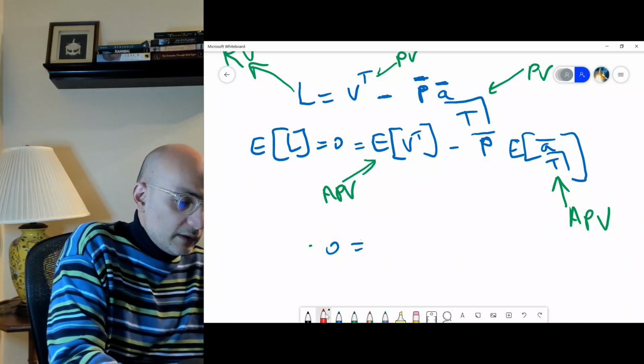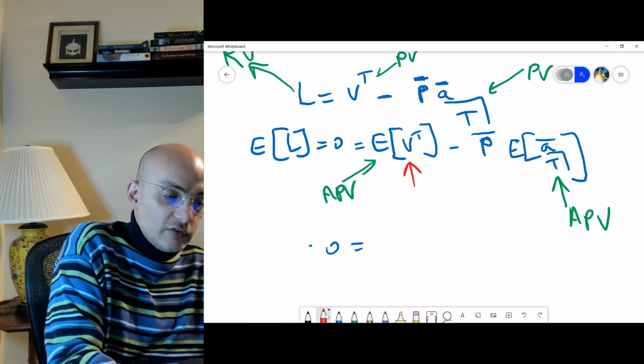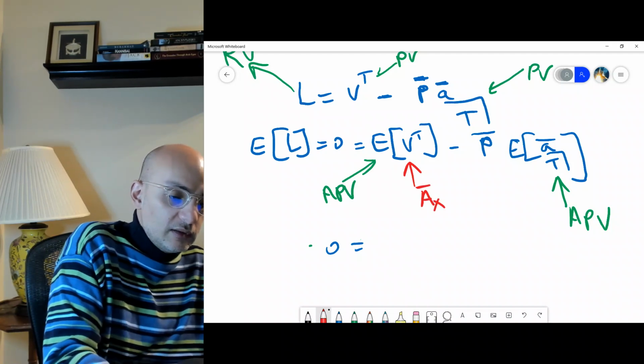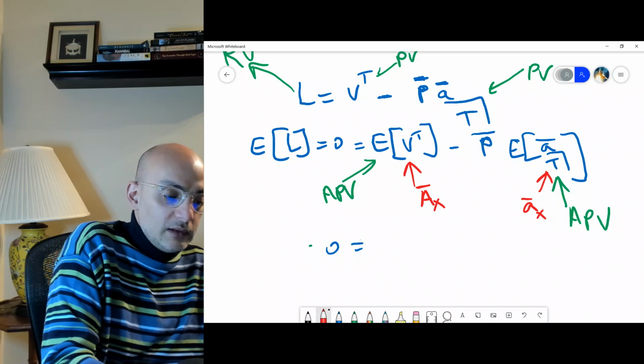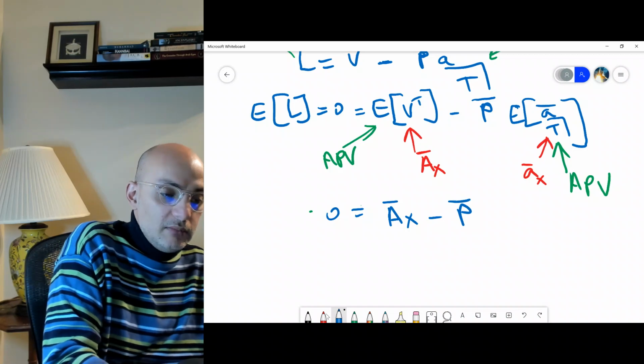What is this one? Because it's the actuarial present value and it's continuous, we give it the notation A bar x. And what is this one? It's a bar x of the annuity, right? So this becomes A bar x minus P bar, the continuous premium, multiplied by a bar x. We'll come back to the notation.